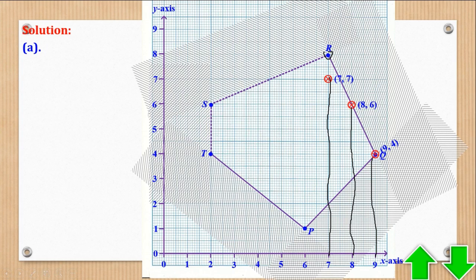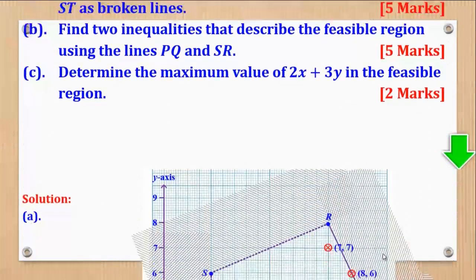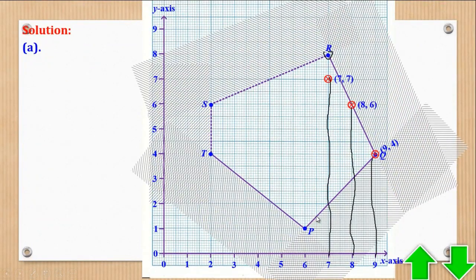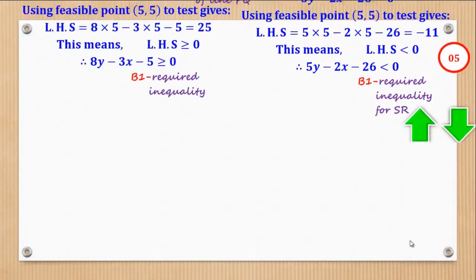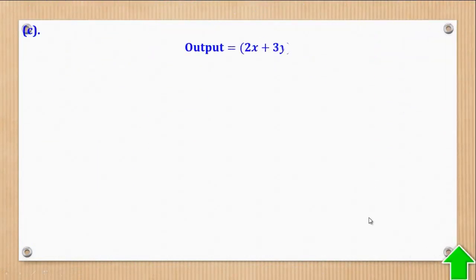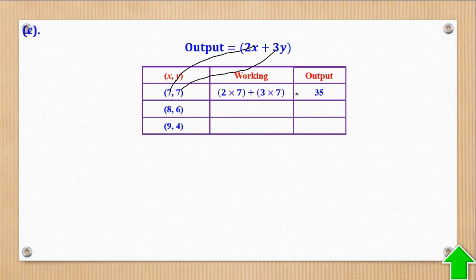Remember, the expression for the maximum value was 2x plus 3y. So that's what we shall use. This means 2 times 7 and 3 times 7 to give you 35.